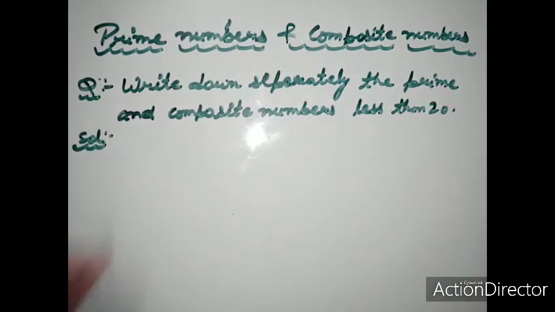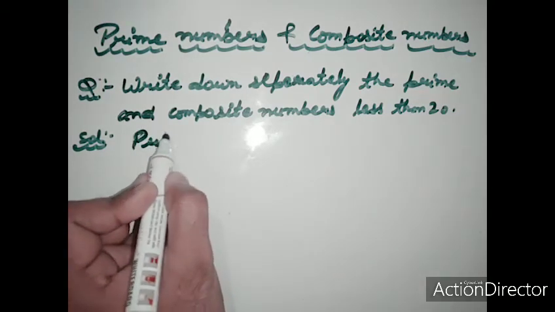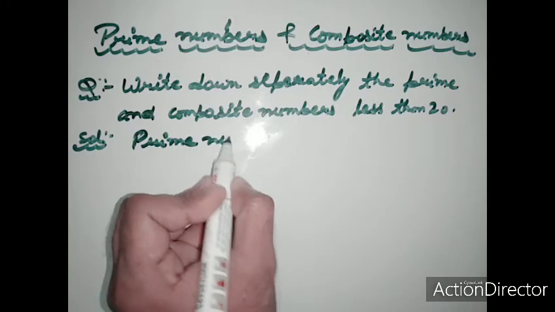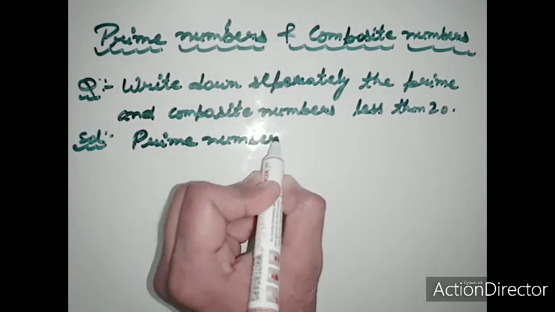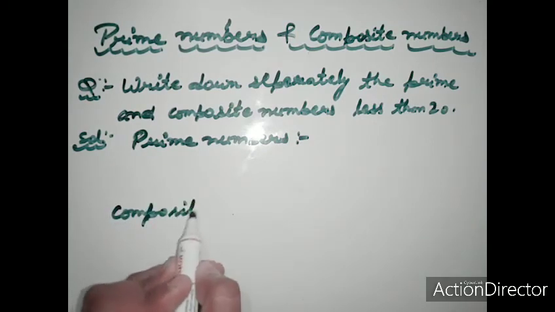So now here first we write prime numbers which are less than 20, and after that we write composite numbers.